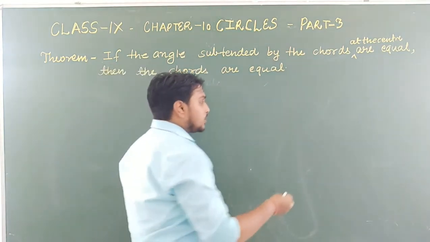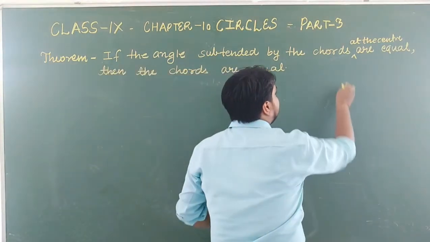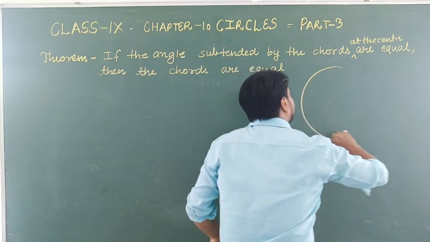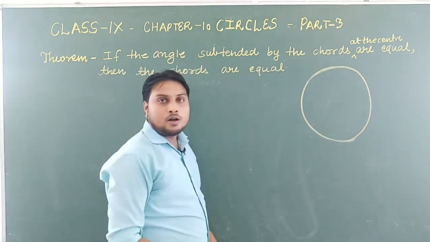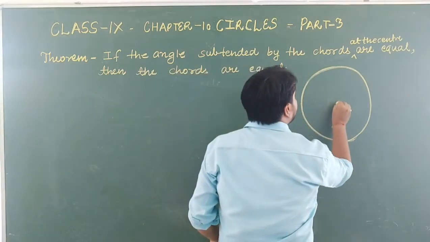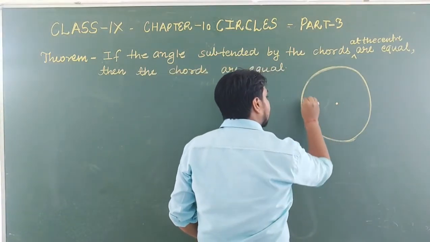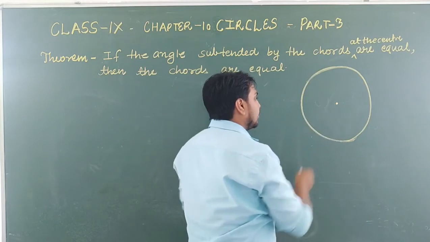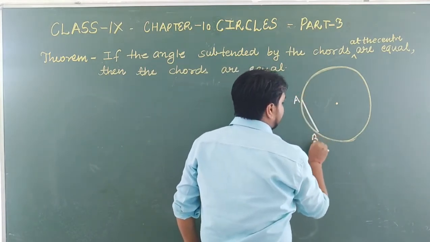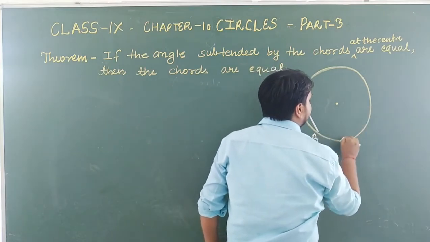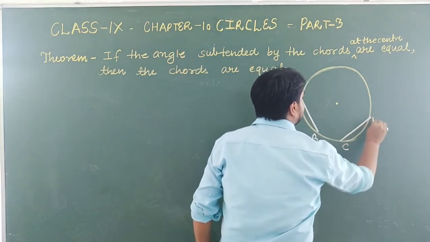In the previous theorem, we saw that if it is a circle of center O and radius R, and if two chords are there, suppose this is the chord AB and this is the chord CD.